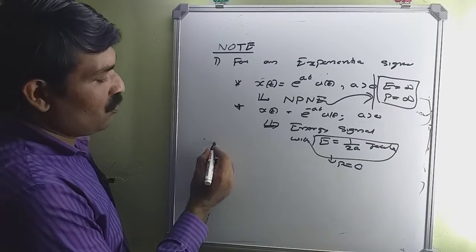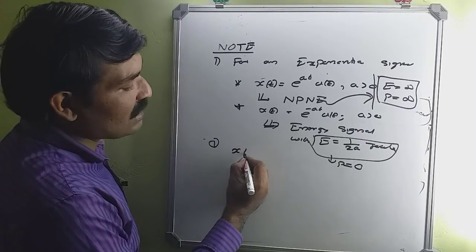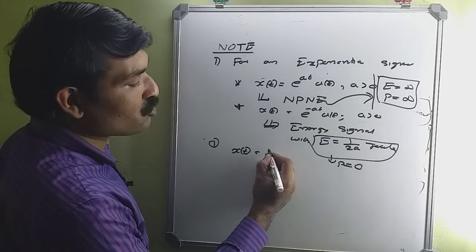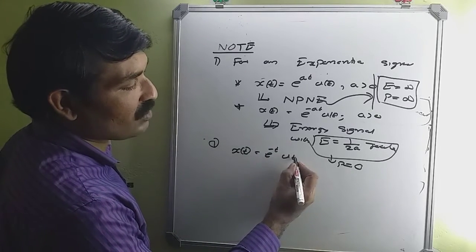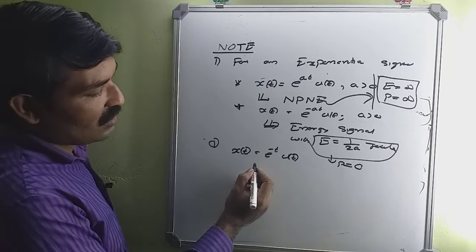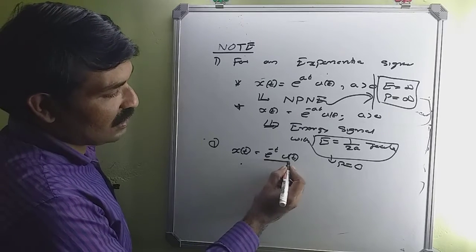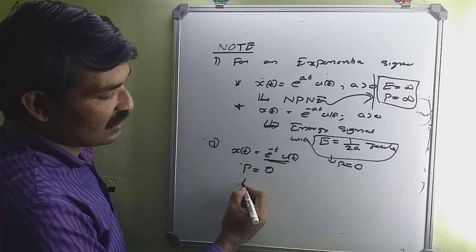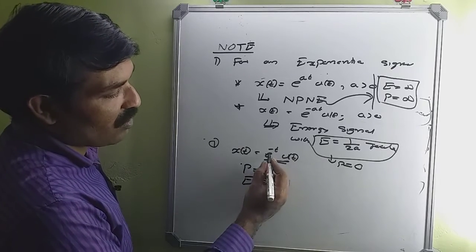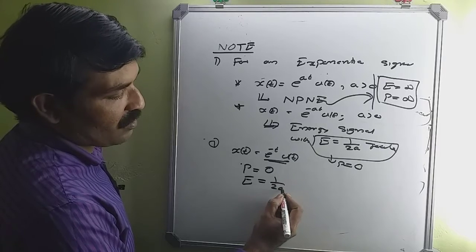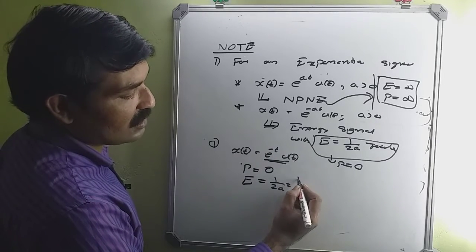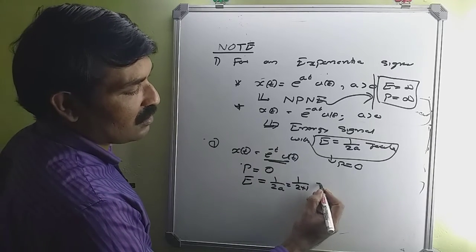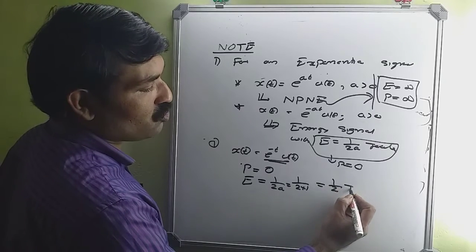Now x of t is equal to e raised to minus t u of t. Find the power. For the signal, what is power? Power is equal to 0. What is energy? Energy is equal to 1 by 2a. Here a is equal to 1, that is equal to 1 by 2 into 1, which is 1 by 2 joule.